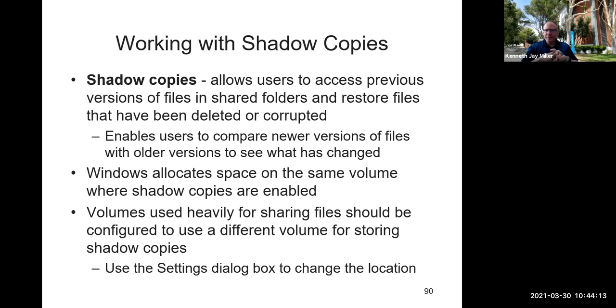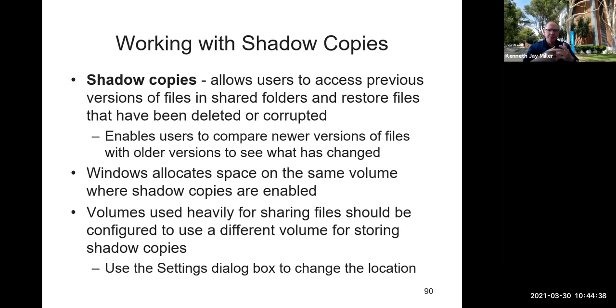Let's say I'm the user and I'm working on a file and I delete it for whatever reason, user error. I call the help desk and say, hey, I was just in this file and I deleted it. Can you restore that from a backup? Well, what they can do really easily is go to the backup, right click, restore, done.